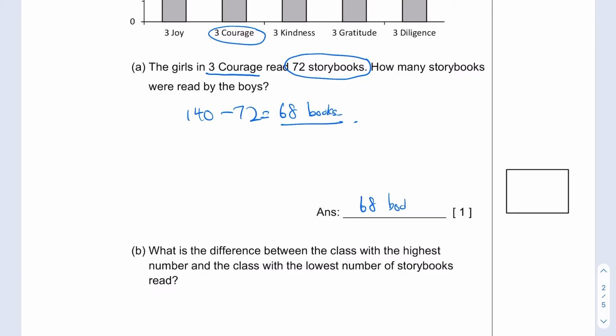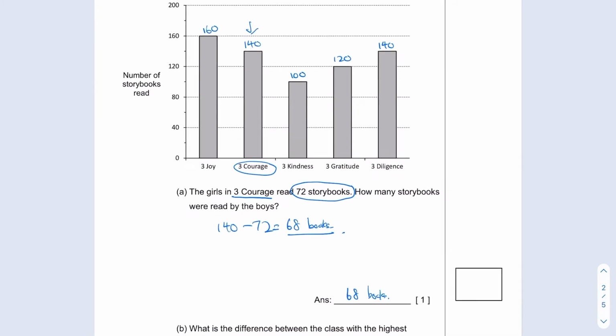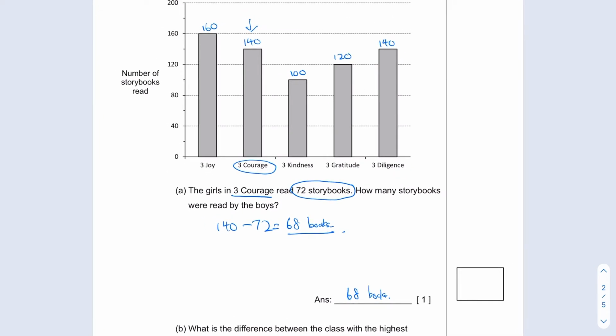68 books. Next, what is the difference? Okay, let me just zoom in a little. What is the difference between the class with the highest number? Okay, so we're looking for 2 classes. Highest number would be 3 Joy.